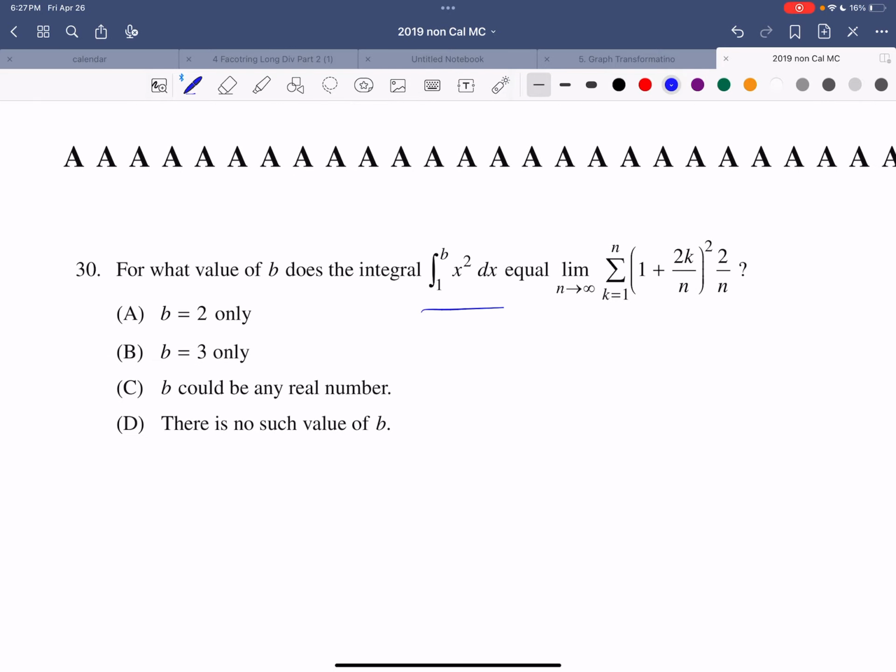And question number 30, we got this one. And we learned something like this, but do I want to teach it? No. Why? I can teach it, but whenever you look at this one, it's so hard to memorize. And I really do not want to go over this because this one has to do with f of x equals x squared, and a change of x equal to 2 over n.